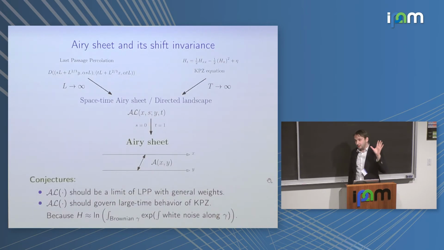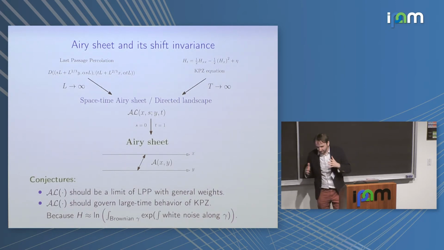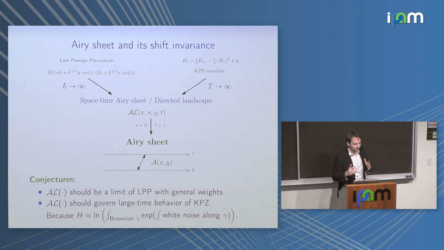Now, in this domain of the Kardar-Parisi-Zhang equation and various related models, there is one universal object, which is sometimes called the Airy sheet, and sometimes it's called the directed landscape, depending on the community to which you belong. There are various ways to define it. One way is as a large time scaling limit of the KPZ equation, what's happening with your surface growth if you wait for a very long time.